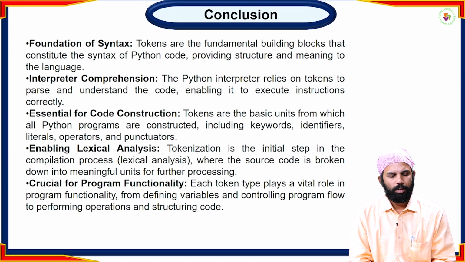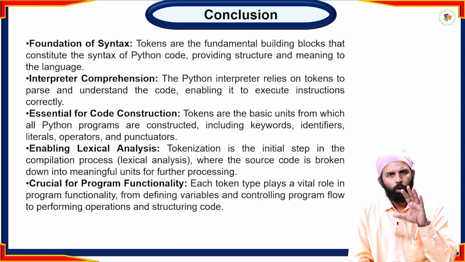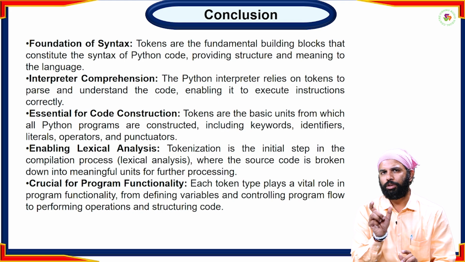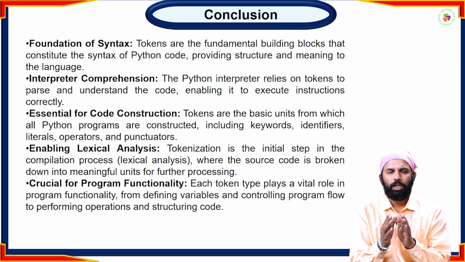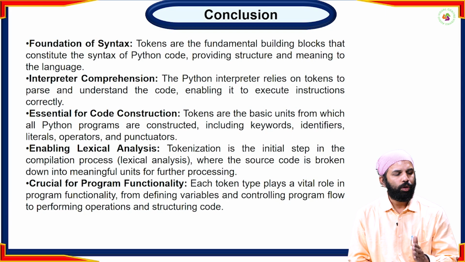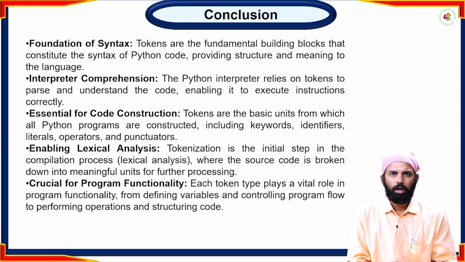Whichever symbol is involved in executing the problem statement must be categorized in one of these categories. This enables the first phase of compilation, that is lexical analysis, where the whole code is divided into small chunks of units, and those small chunks are classified into usable tokens and unusable, unrecognizable symbols.